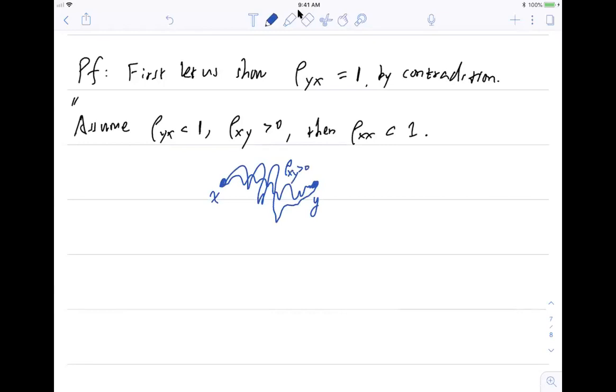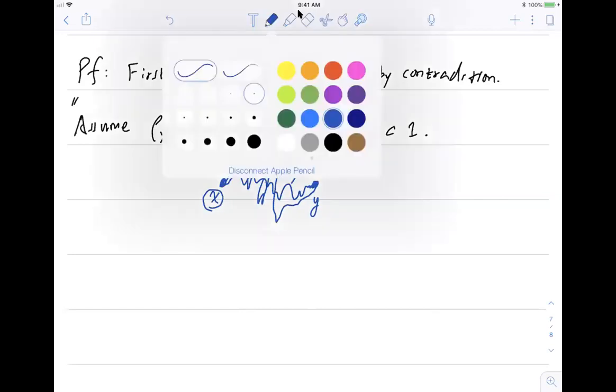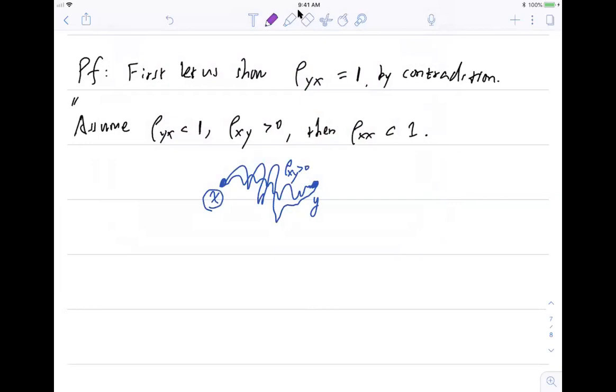As I said, if x is recurrent, that means all the mass you send out, including the mass you send out to y, should come back. So let's consider what this means.